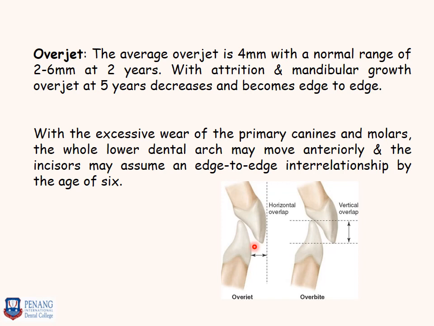So if there is excessive wear of the primary teeth and the canines, the whole lower dental arch may become a little more anterior, and instead of the overlap which was there, now it may become edge to edge by the age of 6. But this edge to edge relationship will be changed after the eruption of the permanent tooth, which erupts a little more labially.